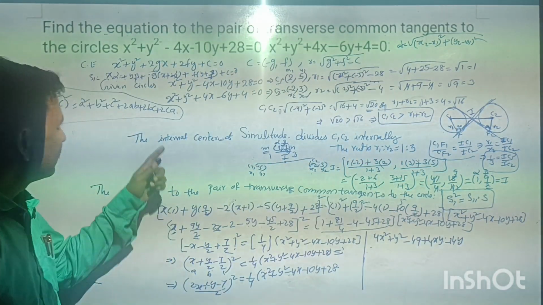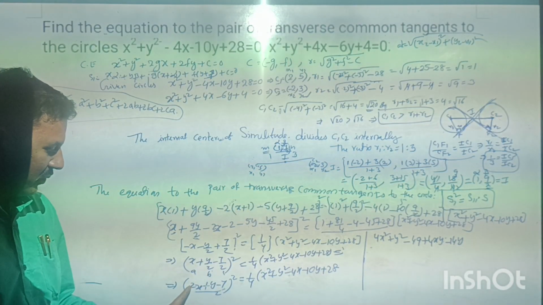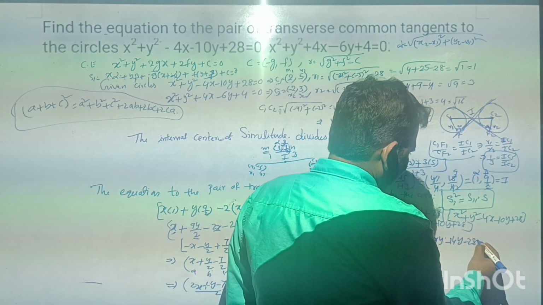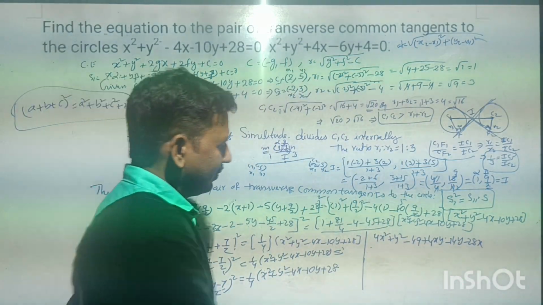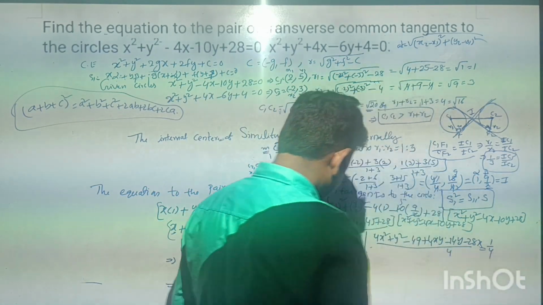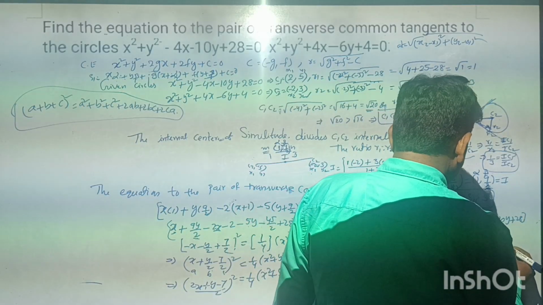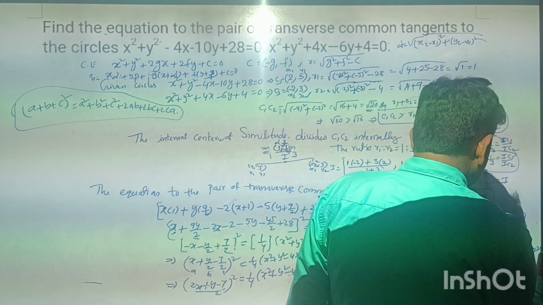So next 2ca, minus 28x by 2 by 4 equal to 1 by 4 of remaining part, RHS part: x square plus y square minus 4x minus 10y plus 28.